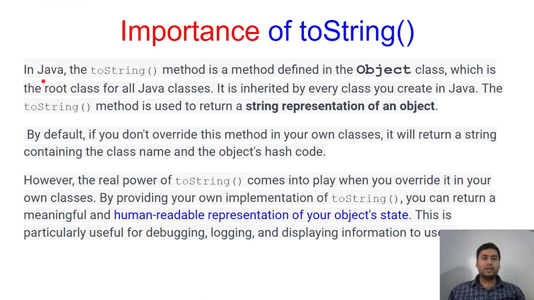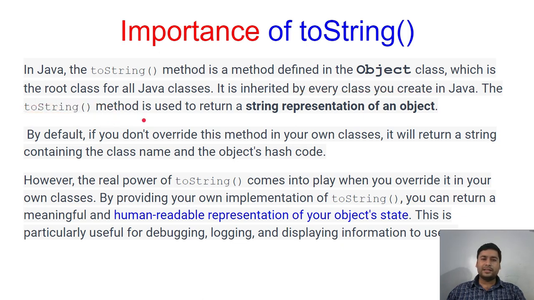The toString method is defined in the Object class, which is the root class of all the classes. Object class is the root or parent class of every class that exists in Java, so it is inherited by every class you create.